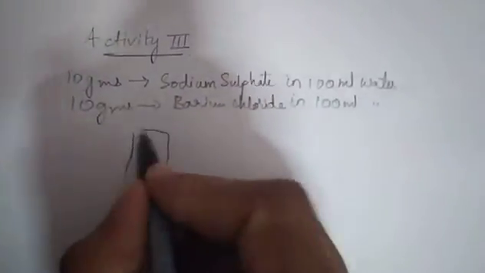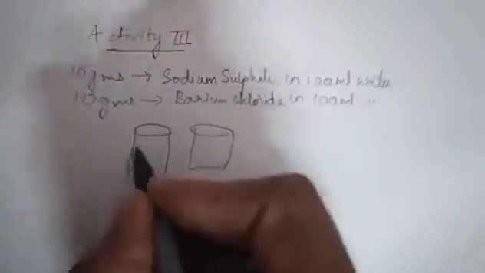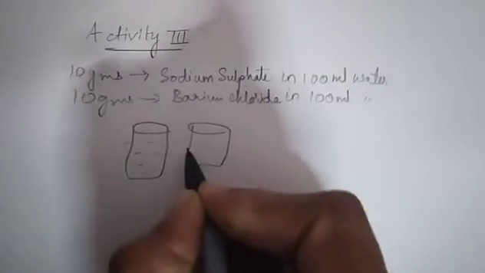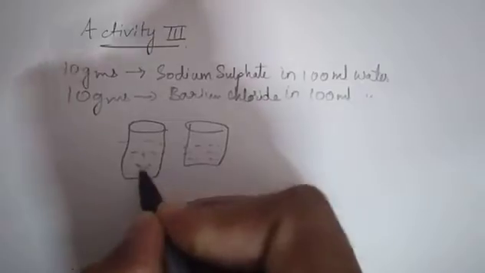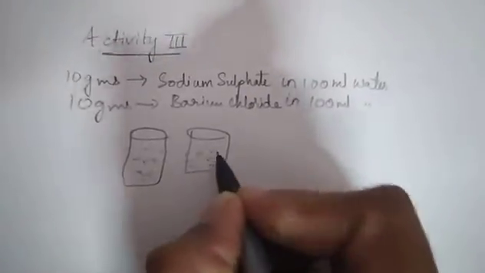So in 2 beakers, 100 ml of water each, and 10 grams of barium chloride and sodium sulfate.